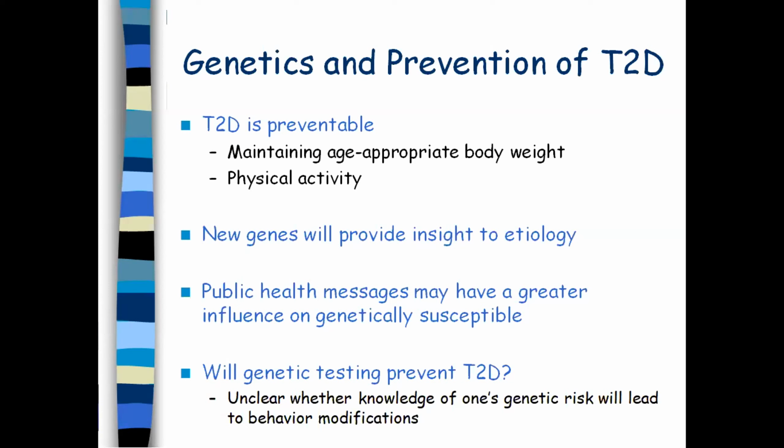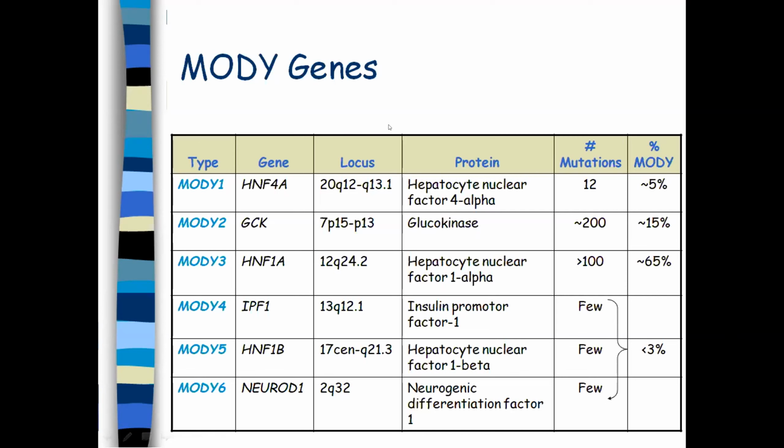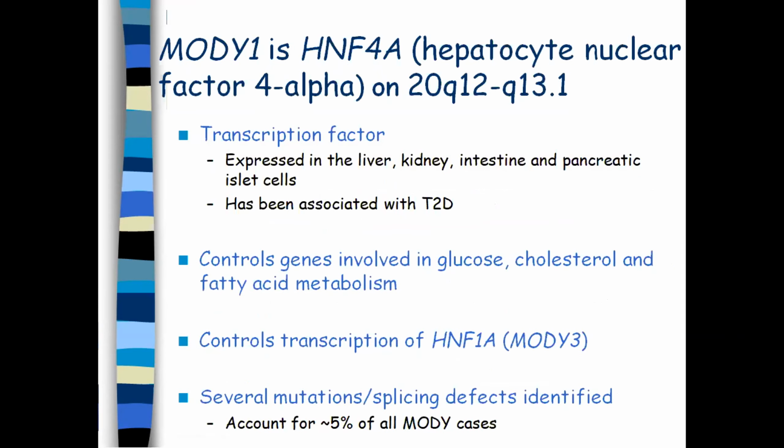So 65% of maturity onset diabetes is associated with MODY3, the HNF1A gene of chromosome 12q24.2. Maturity onset diabetes of the young, one is HNF4A. So it is a transcription factor, expressed in liver, kidney, intestine, and pancreatic islets, and has been associated with type 2 diabetes.